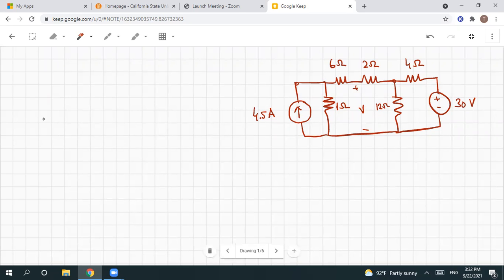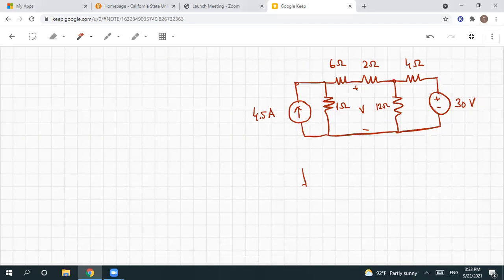So we need to find the voltage. So 4.5, 1, 6, 2, 4, 12, and 30. This is the circuit that we need to solve. First of all, I want to simplify the circuit.